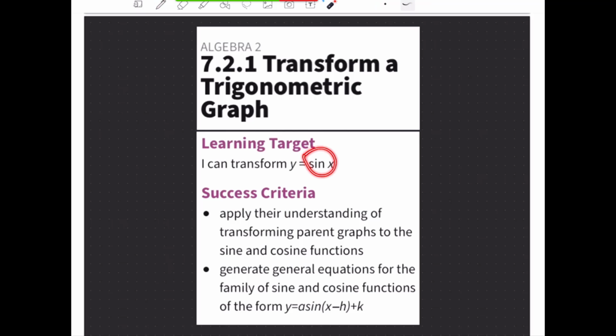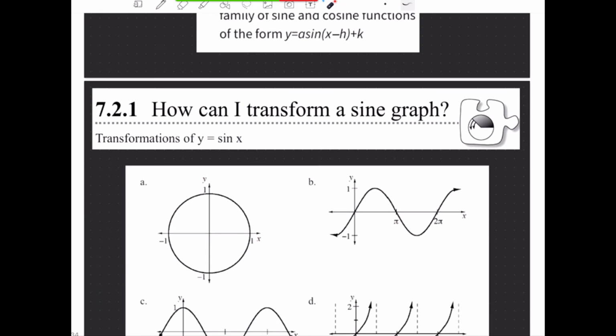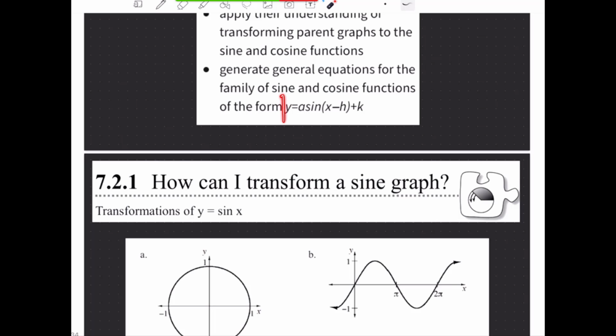And this first one we're going to focus on our sine function and how to take our sine function and move that guy around. So you guys will be playing around with Desmos here shortly. But before we get onto just the sine, here's that nice long explanation of a sine function.